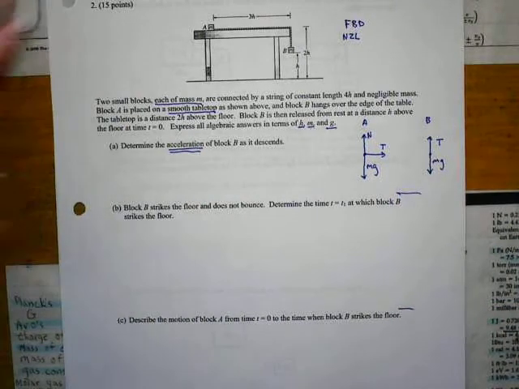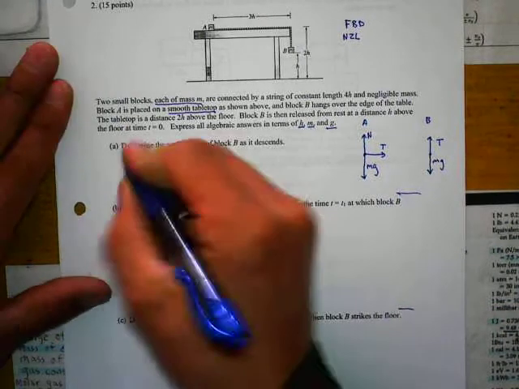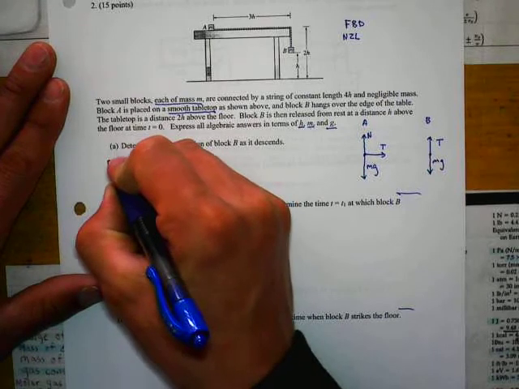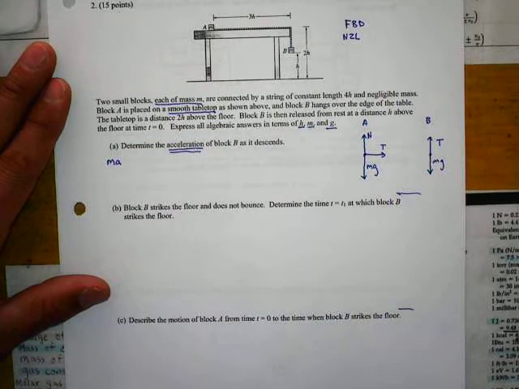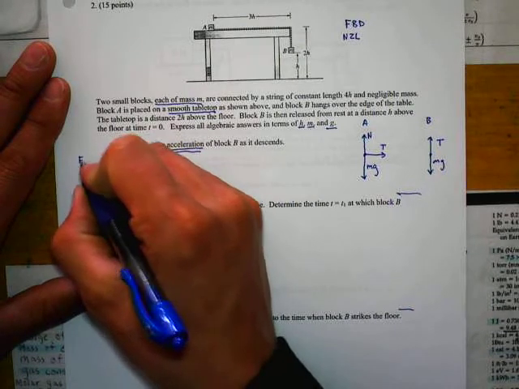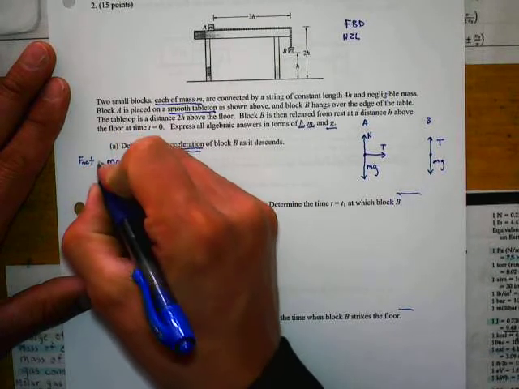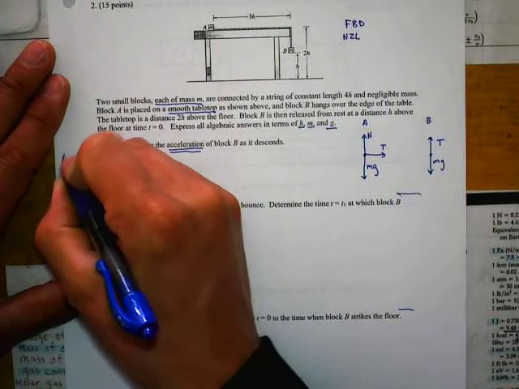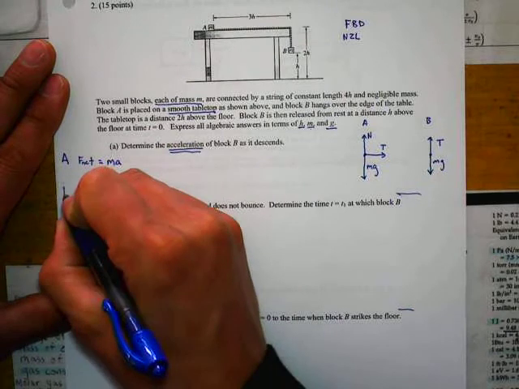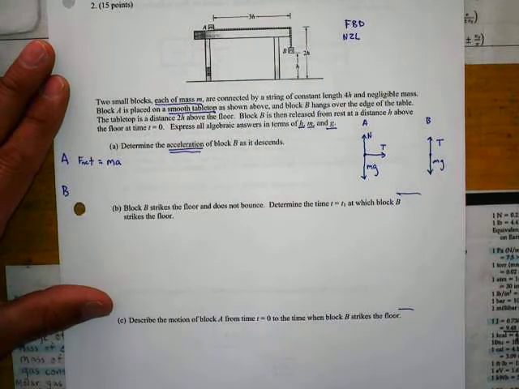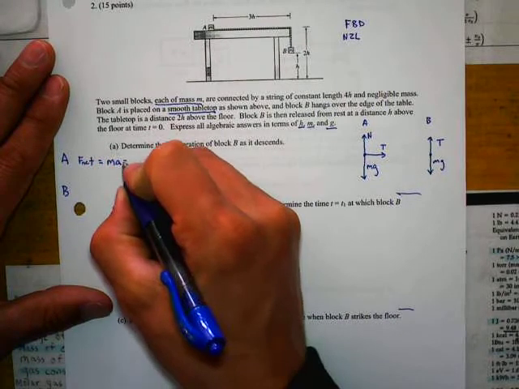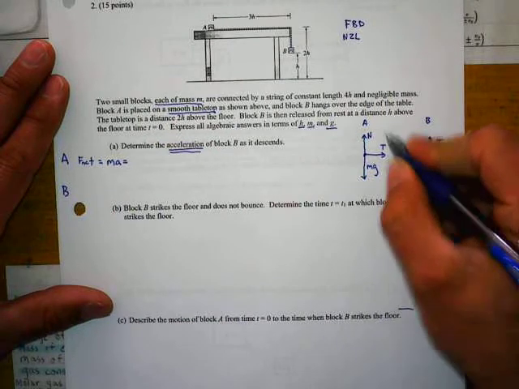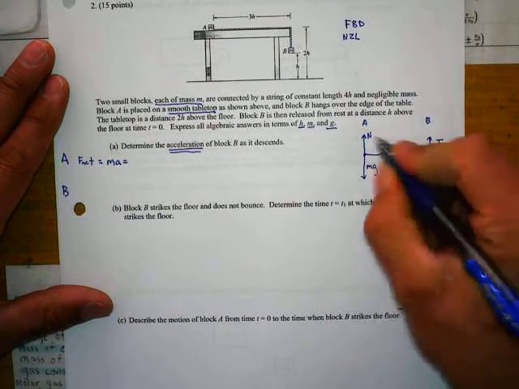From these I'm going to write F net expressions. So I'm going to shortcut a little bit and just start by saying ma. Okay, and I'll put F net over here. F net equals ma, and this I'm going to start for mass A. Then over here I'll do mass B. Now the only force that is unbalanced for mass A is tension.